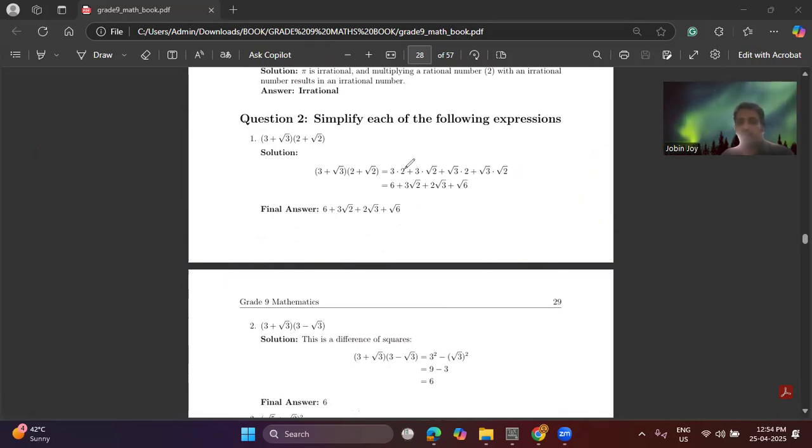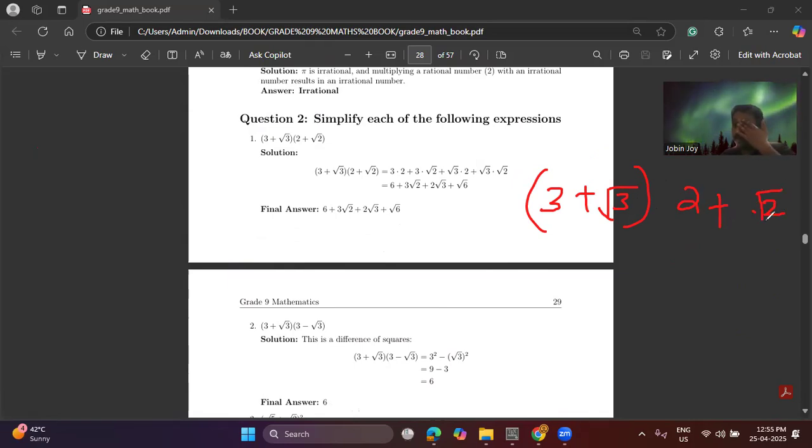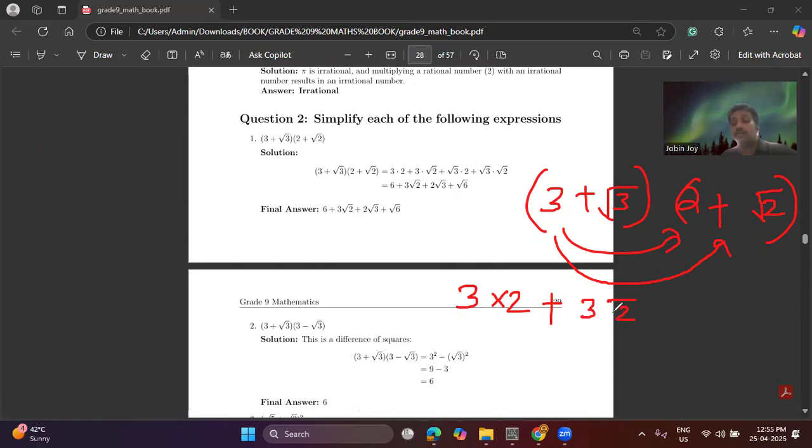Okay, next is simplification. The given number is 3 plus root 3 into 2 plus root 2. Just multiply. First multiply 3 into 2, so 3 into 2 plus 3 into root 2, that means 3 root 2, plus next is 2 root 3, plus next is root 3 into root 2.